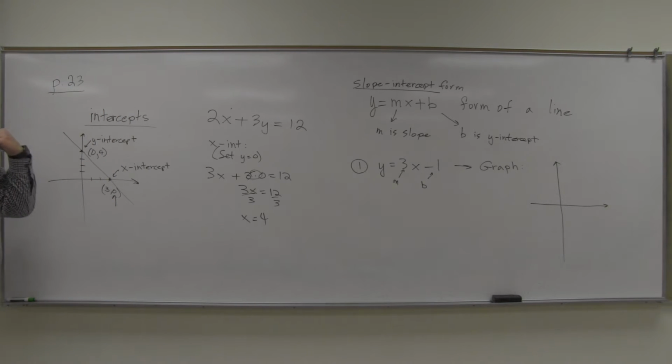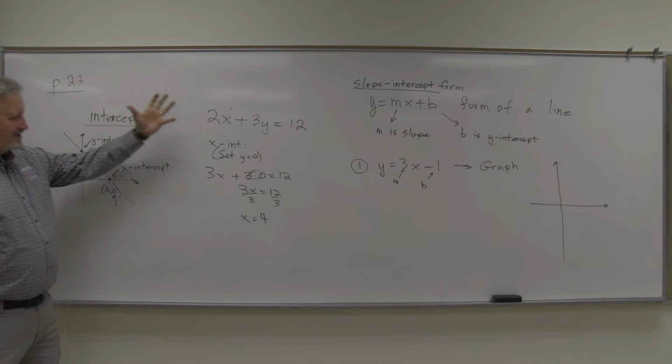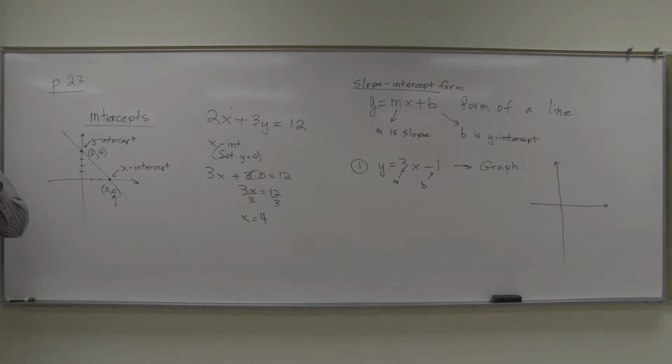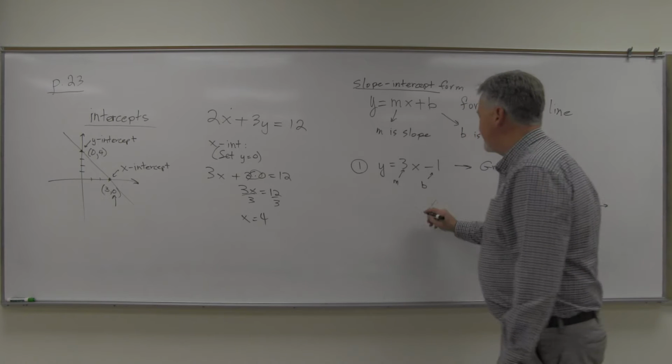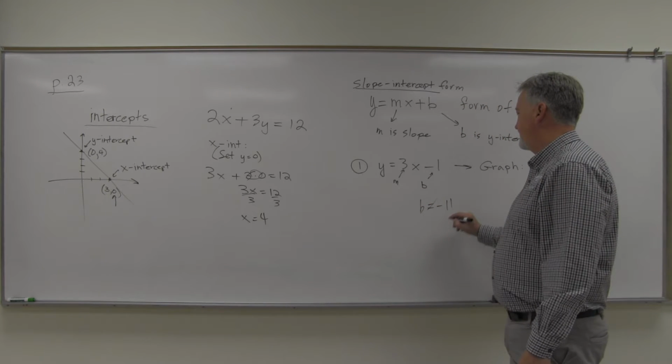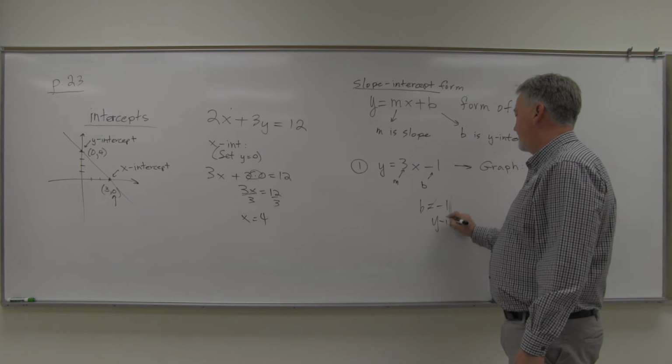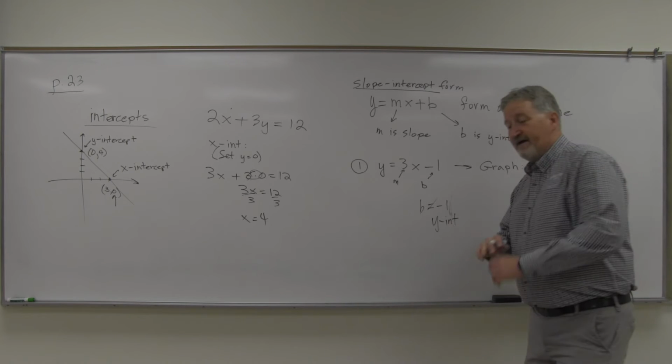The nice thing is, I talked about how you have to solve for the y-intercept and x-intercept; you could do it on this one. But the good thing about this one is b is the y-intercept. b is -1, and that is the y-intercept without having to solve anything.